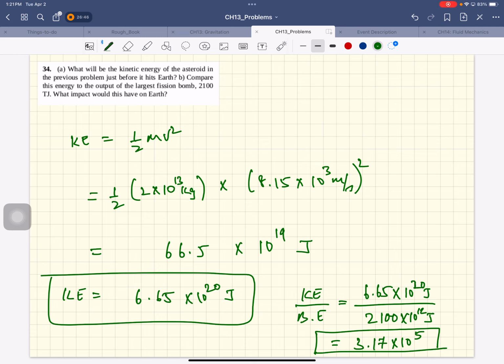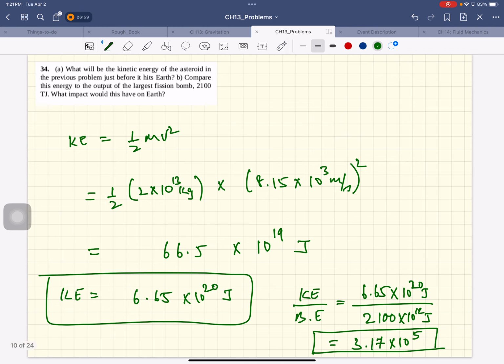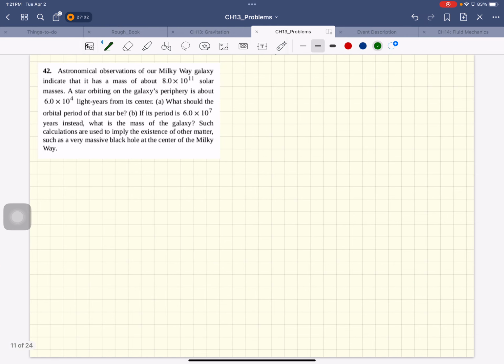Okay. That would cause a bit of damage. Yep. You guys understand? I guess that would be good enough to wipe out the dinosaurs.